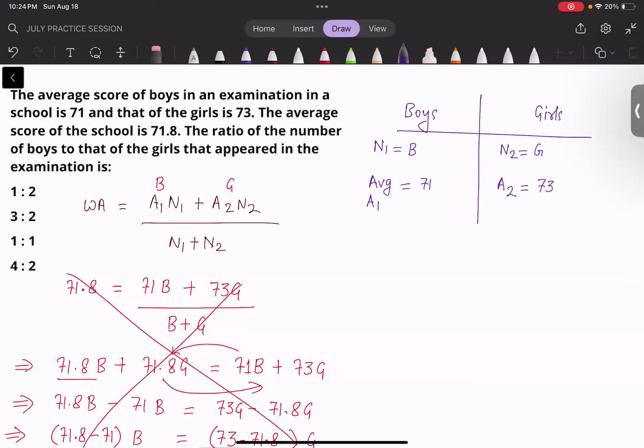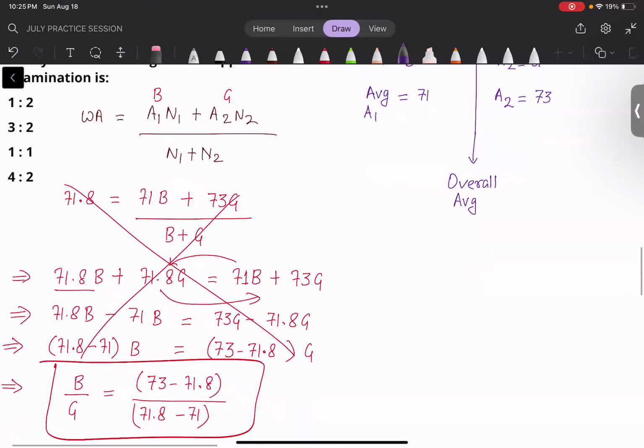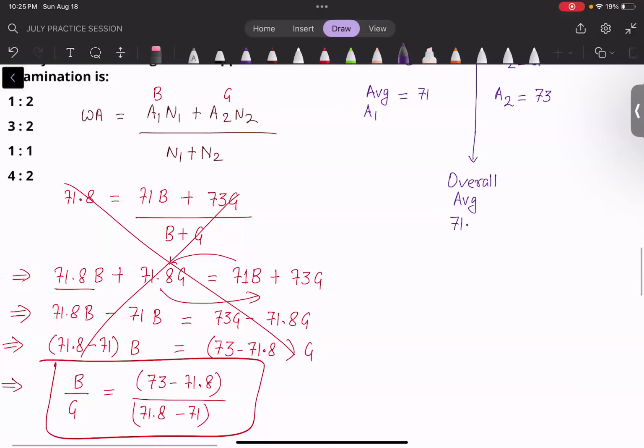So first you have to write this, boys separately, girls separately. Now you are observing this center line. On this center line, a little bit, please extend it and write overall average. So overall average is 71.8.